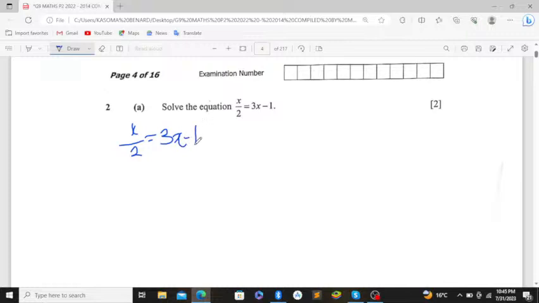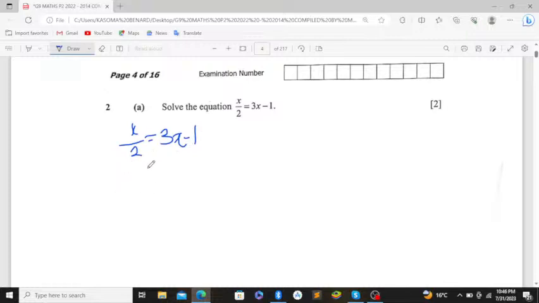minus 1. So what I'm going to do is, first of all, I want to get rid of the fraction. So I'm going to multiply this fraction, and these terms, by 2.